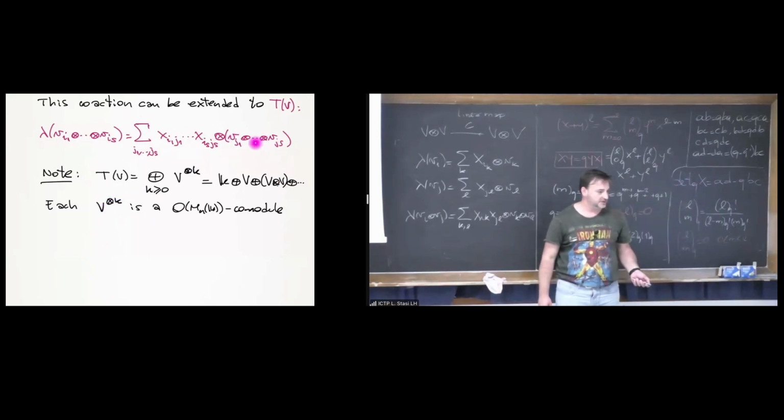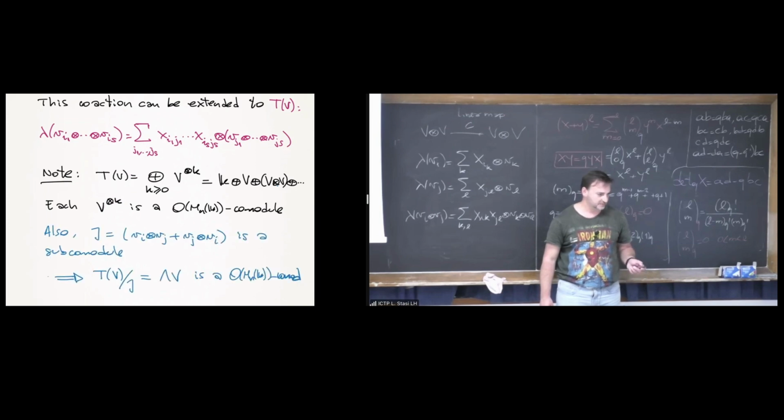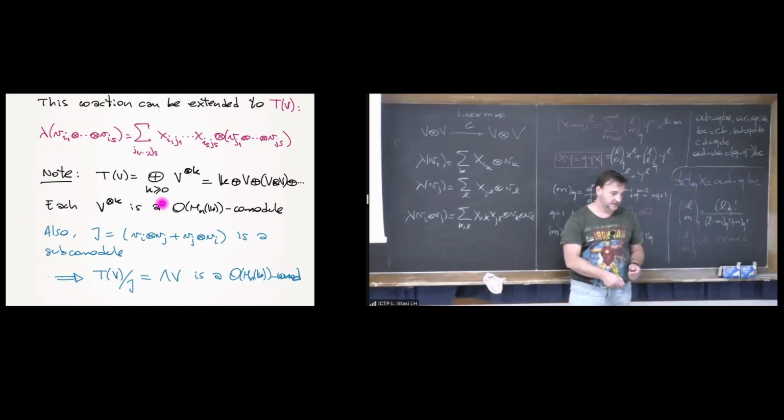Why? Because each tensor power here, if we coact on this, then we get the same amount of tensors. So any tensor power is a comodule. Moreover, we have a submodule of this tensor algebra, which is the one given by this one.